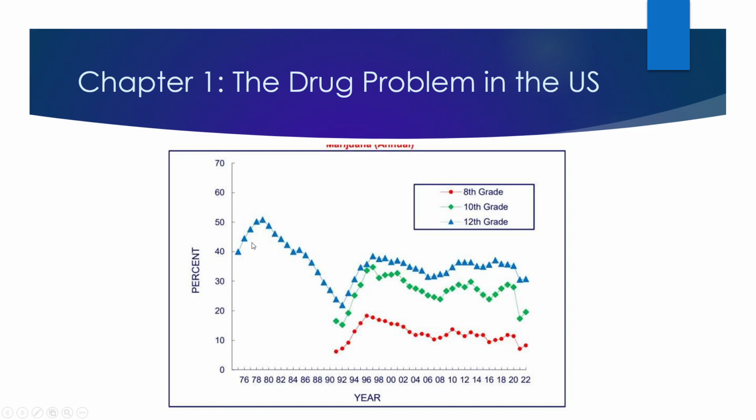You get a big mountain here, a spike. Then you get this long drop through the 80s to the early 90s, and then an increase back up in the early to mid 90s, and since then it's sort of bounced around. But the final really noteworthy trend is this big drop here in 2020, 2021, 2022.